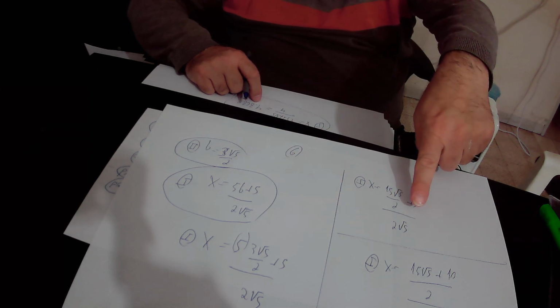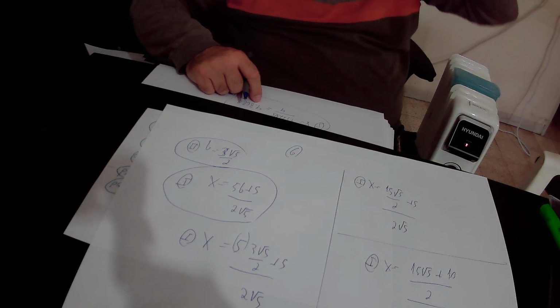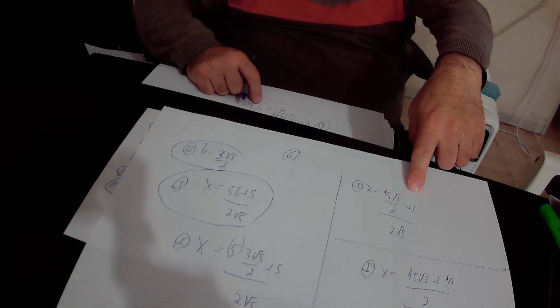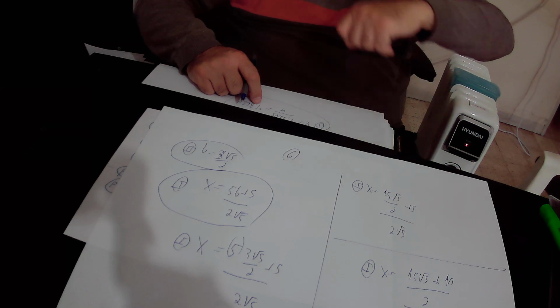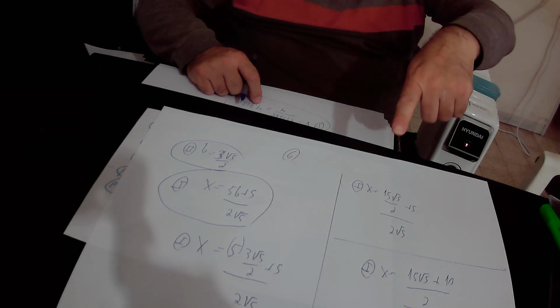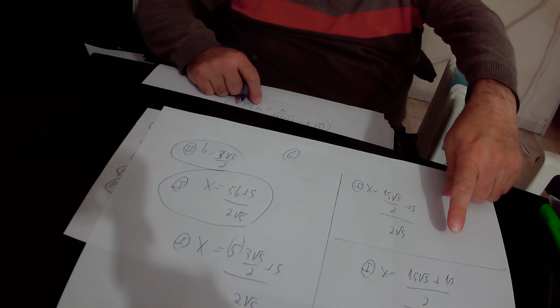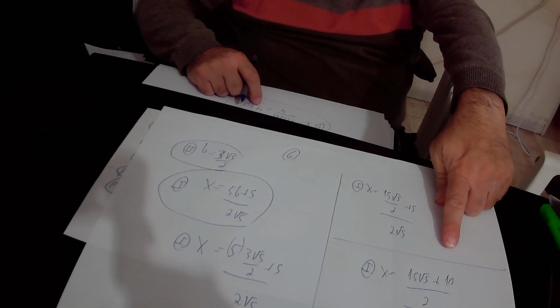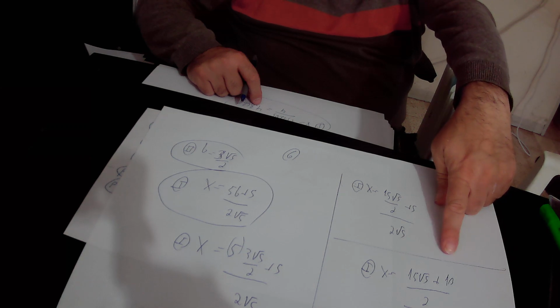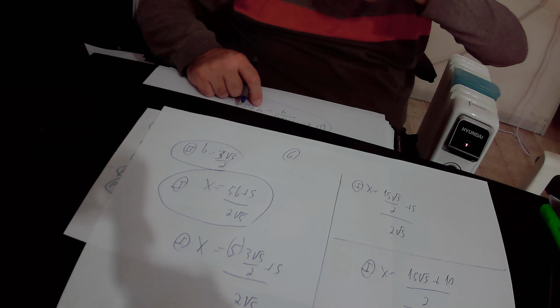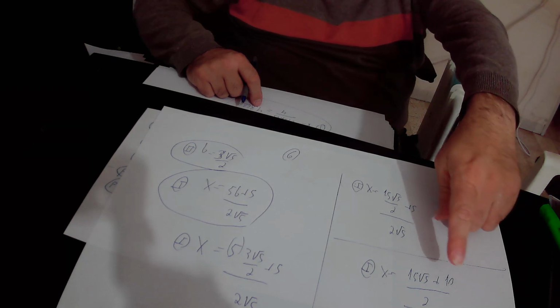Here we multiplied 5 by 2 and then divided by 2 in order to have a common factor with this expression. And here we get 15 times square root of 5 over 2, and here 5 times 2 is 10, and then we divided that 10 by 2. So we changed nothing. All divided by 2 times square root of 5.